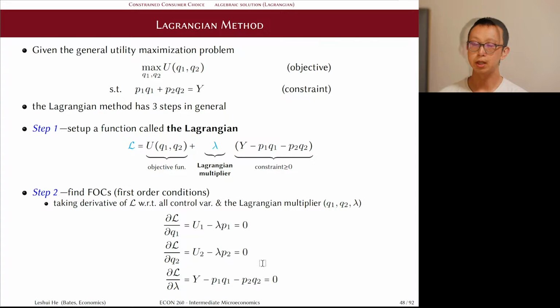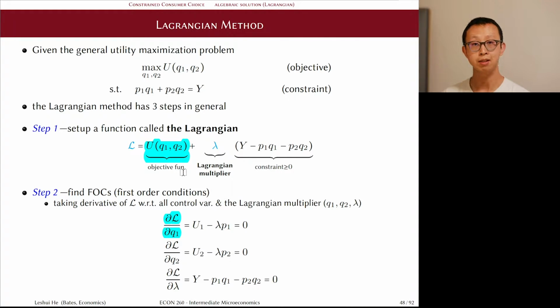Now let's take a look at each one of these first-order conditions in turn. First, we're taking derivative of the Lagrangian with respect to Q1. Notice that Q1 affects the Lagrangian through 2 different channels. First, as we get more of good 1, the consumer's utility is going to increase, so that changes the utility function.